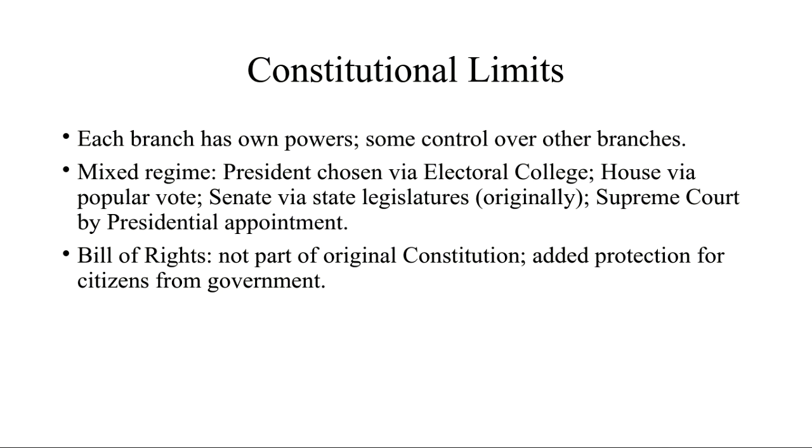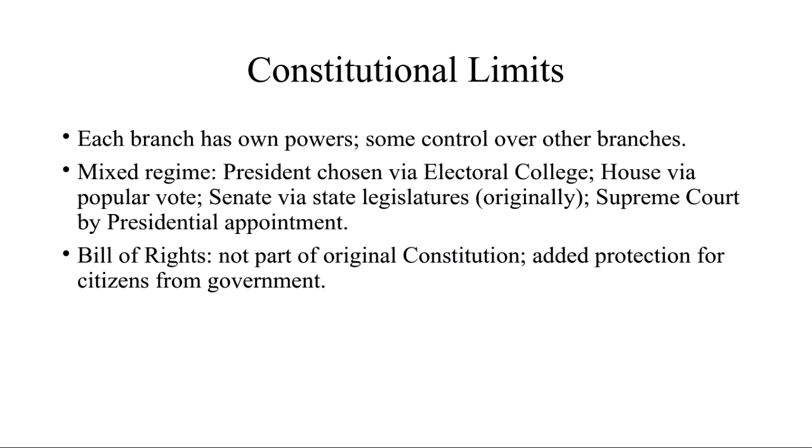The Supreme Court can overturn a law or an executive order. So, for example, President Trump's first so-called Muslim ban was struck down by the Supreme Court because it was too broad. When he narrowed it down a bit more, that was upheld by the courts. So they all have control over each other, so that one branch cannot completely dominate the others.